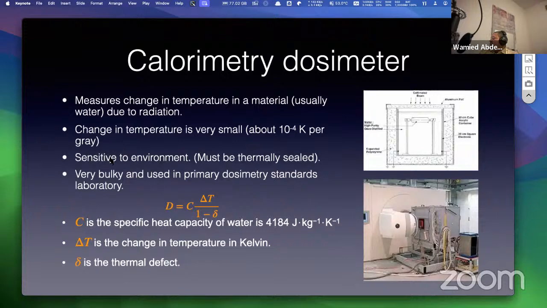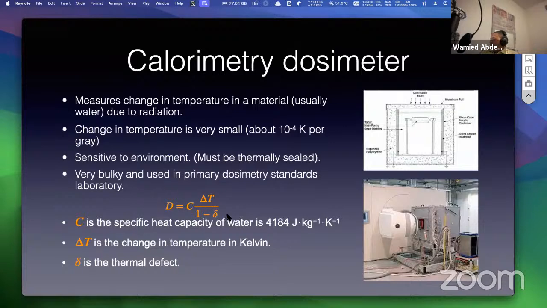It's very sensitive to the environment, and that's why it must be thermally sealed. You don't want any exchange of heat between the water, for example, and the room. That's what makes them very bulky, and they're limited to use in primary dosimetry standards laboratories.